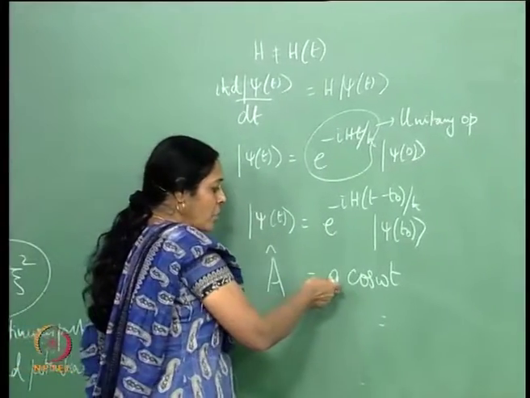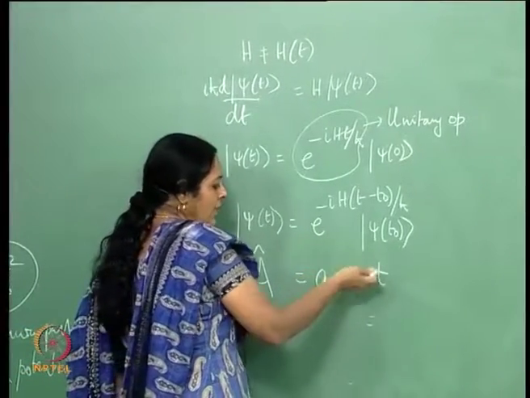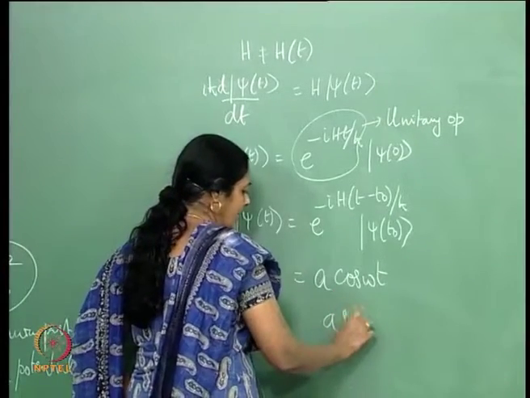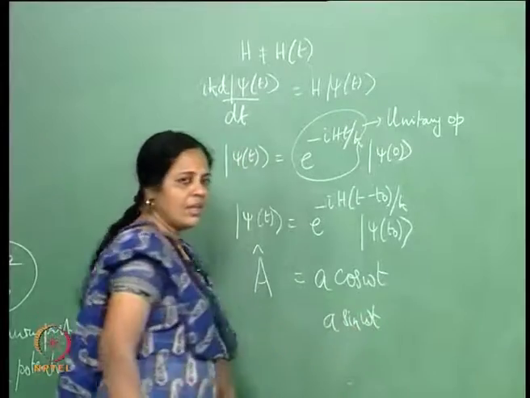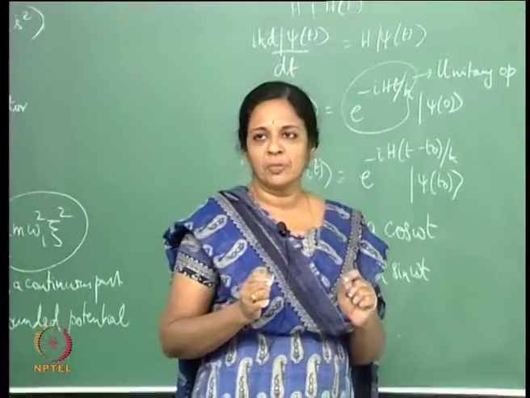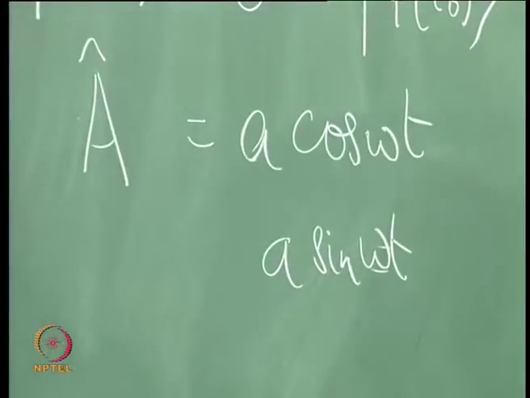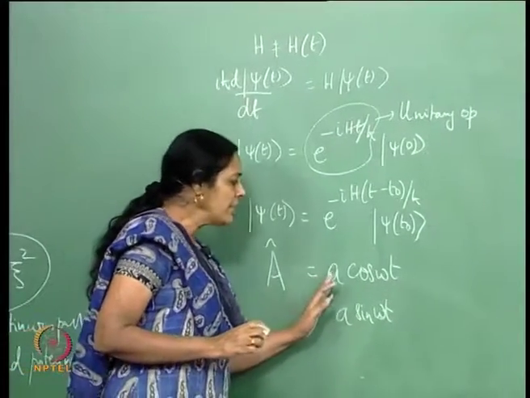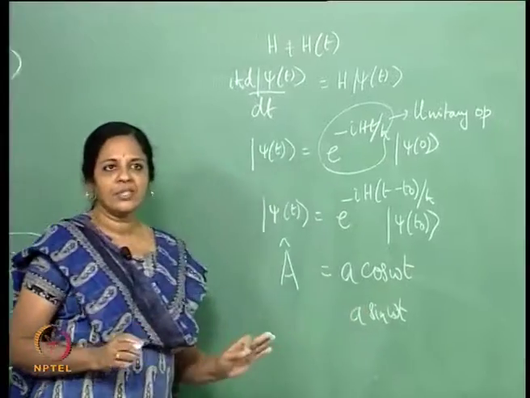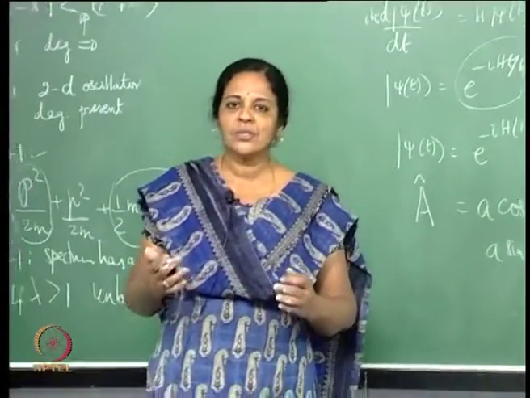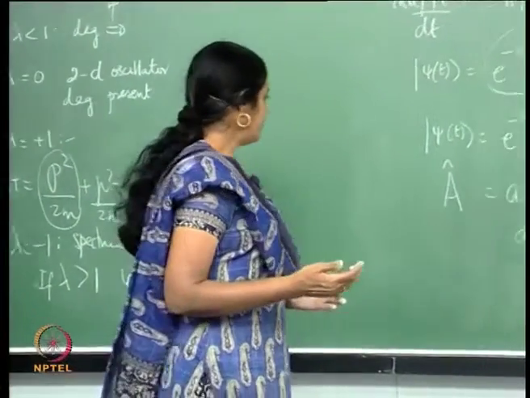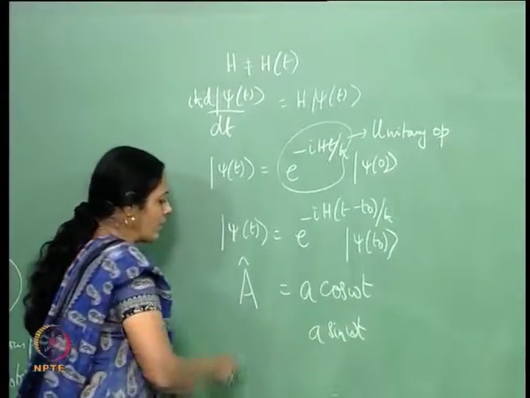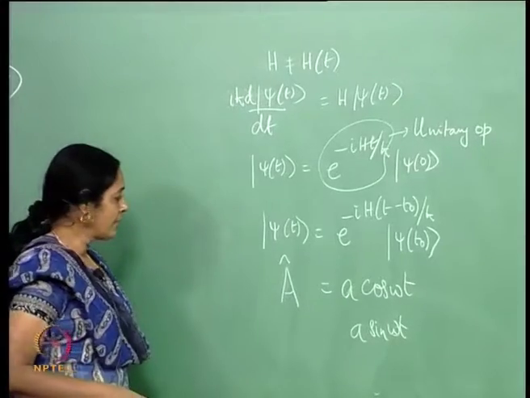If this is the harmonic oscillator lowering operator, you can have a cos omega t, you could have a sin omega t, anything. You can have an explicit time dependence. So, any time evolution of this operator would only be because of explicit time dependence, and in the absence of such time dependence, there is really nothing to say about the evolution of this operator.